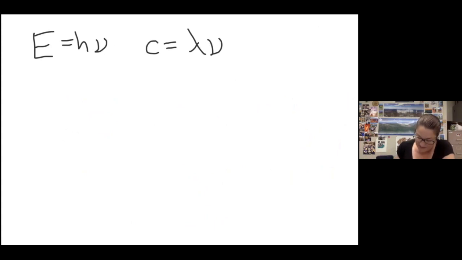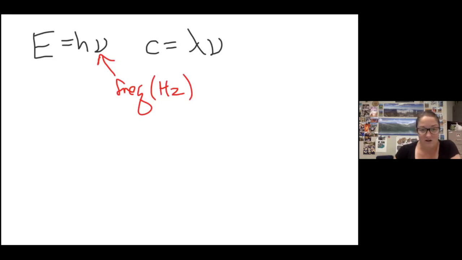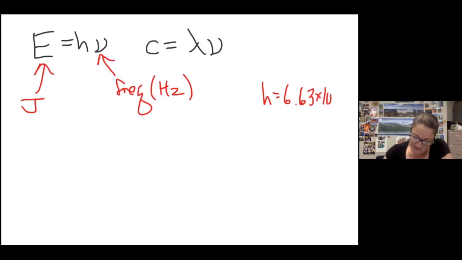The first one is energy is proportional to frequency. The Greek letter nu is the frequency. It's in cycles per second or hertz. Higher frequency light has a higher energy associated with it. H is a constant known as Planck's constant, which is 6.63 times 10 to the negative 34th. The units on that are joule seconds, if you care.